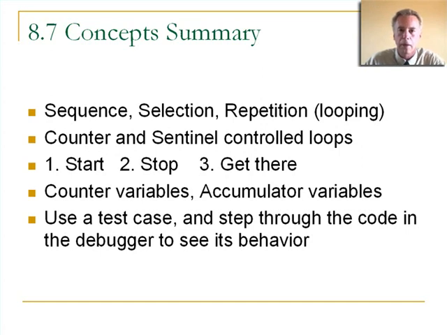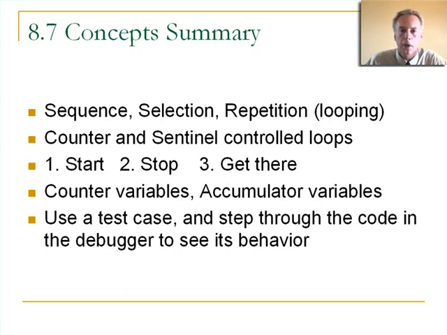A quick review then of the concepts that we've covered in this segment. We introduced looping or repetition in this segment, and now we have covered all three concepts of control structures in C programs: sequence, selection, and repetition.